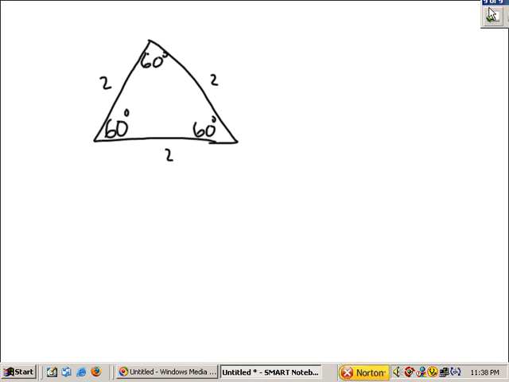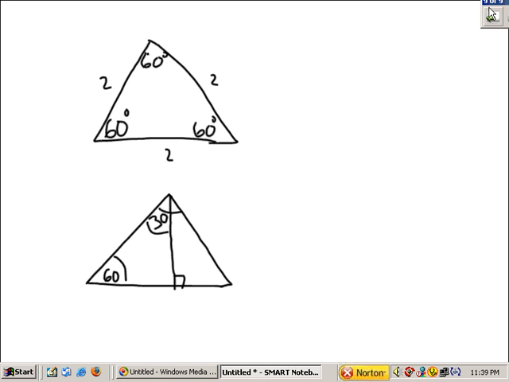Well, I'm going to cut this in half. That is, this angle on top, I'm going to cut it straight down the middle, the right angle. That means this angle is now 30 degrees. And this angle is still 60. We didn't touch it. This side, this distance is still 2.